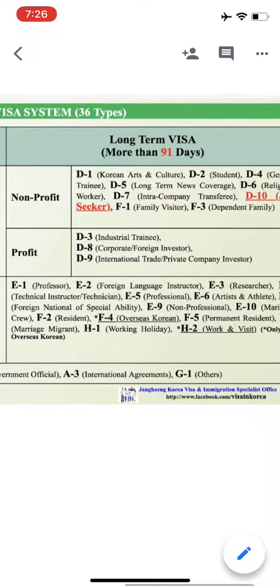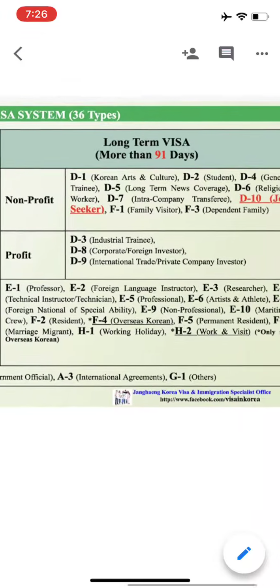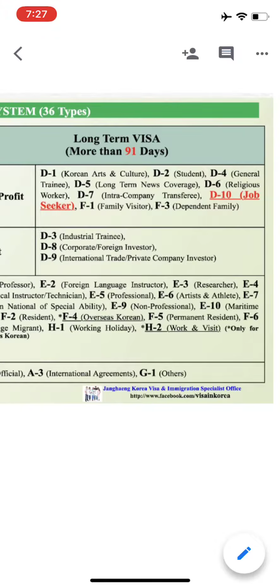But even though they cannot work with that kind of visa, if you submit a working permit application to the immigration office based on E1 to E7 criteria, and if you get the permission from the immigration office for working, yes, you can work. But it is an extra activity. It's not a real working visa, right?